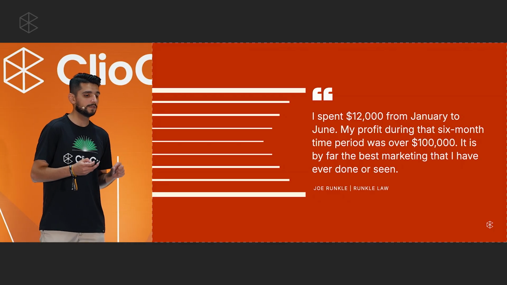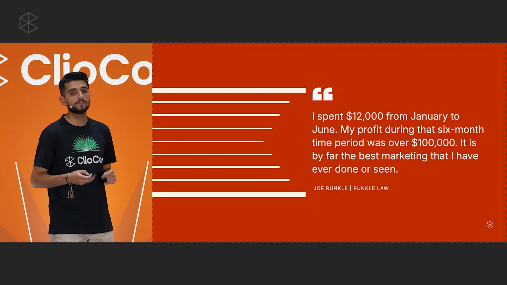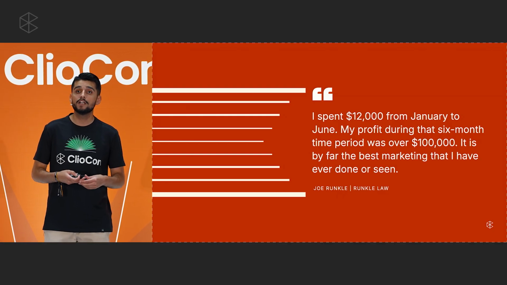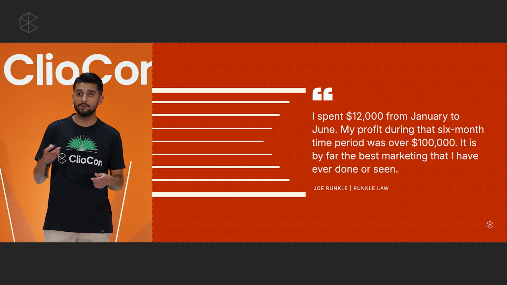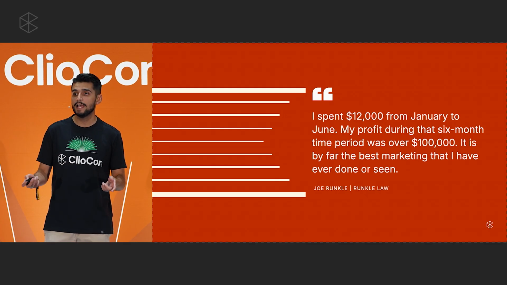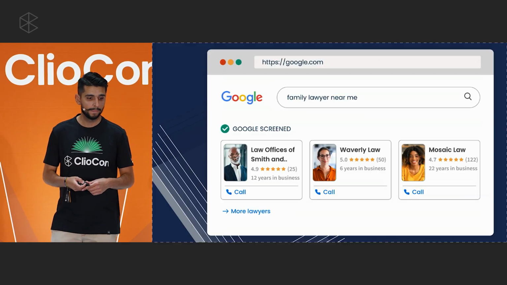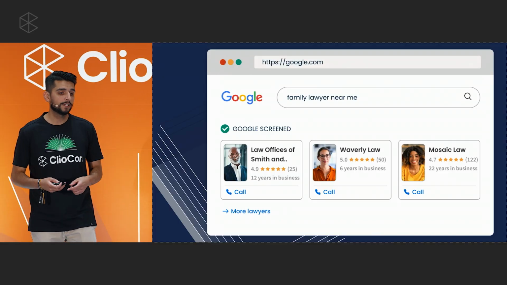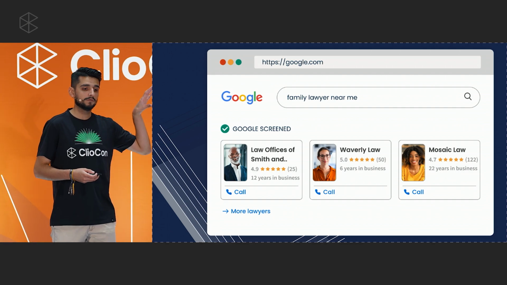It was the firm's strategic use of Google Local Services ads, or LSAs, which is a powerful part of your Clio Grow account that everyone has the ability to turn on and have access to. As you can see, a firm's LSA listing appears right at the top of Google search results.